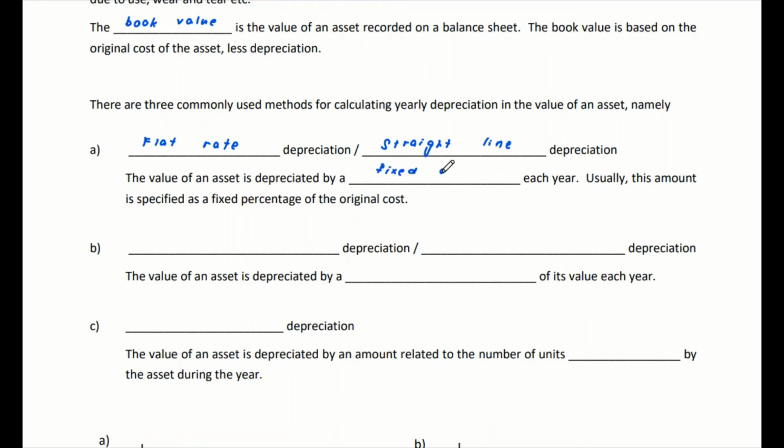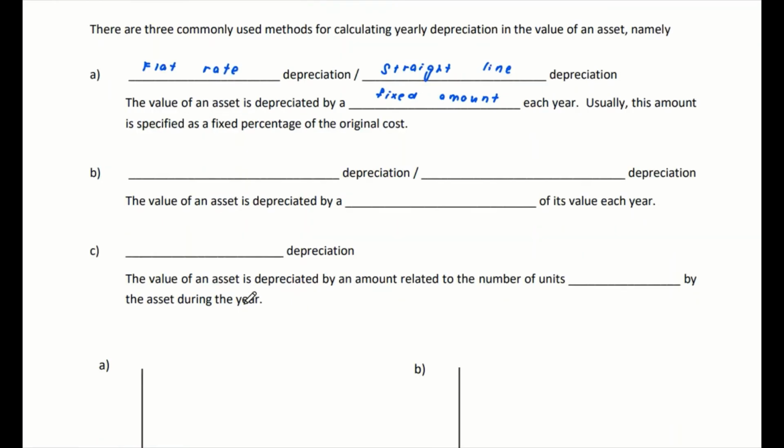If today you spend 10,000 to buy a second-hand car, maybe every year the value of the car decreases by 1,000. After the first year, the car becomes 9,000. After another year, 8,000. After another year, 7,000. This is called flat rate depreciation. The value of the car depreciated by a fixed amount.